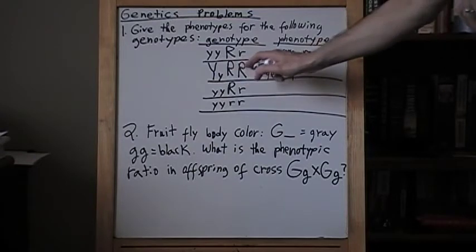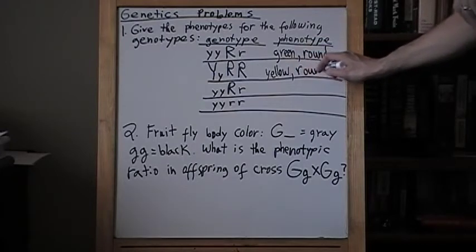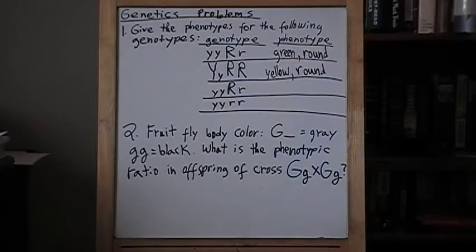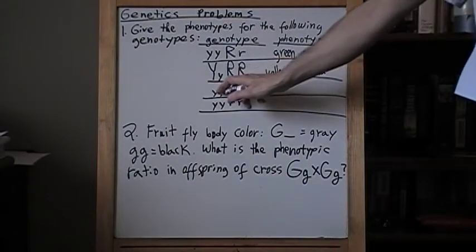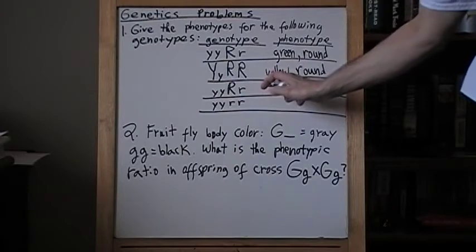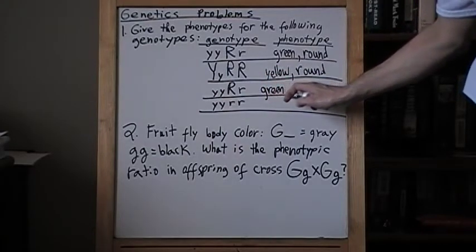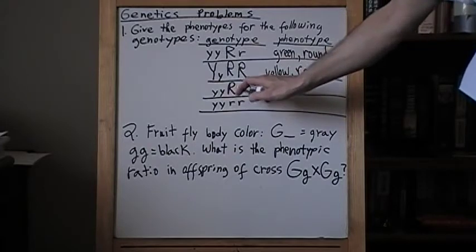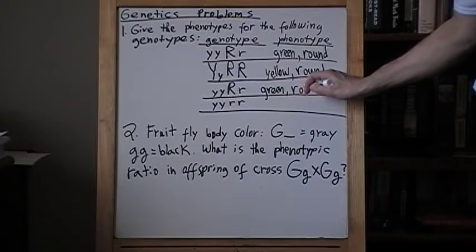We have 2 dominant alleles for the shape, and so that's also round. Next one is 2 lowercase y's, so that's green. We have at least one large R, and so that's round.